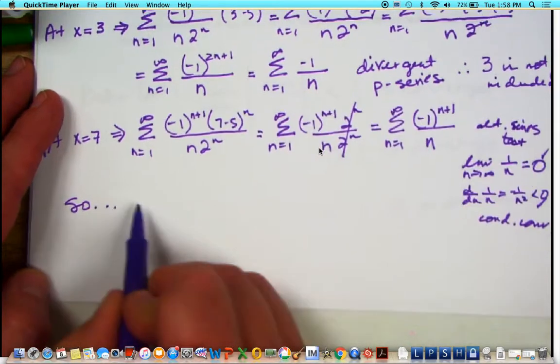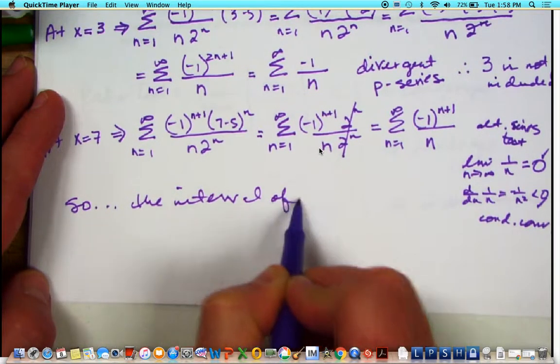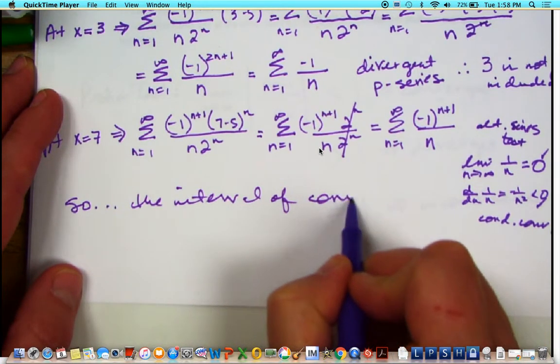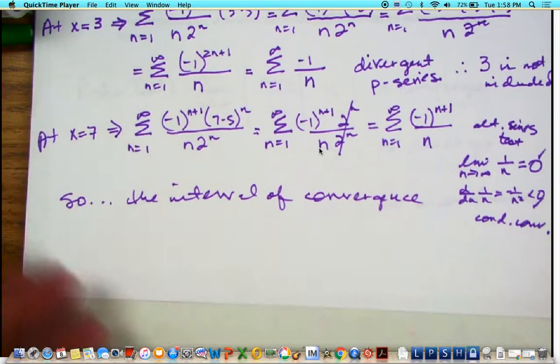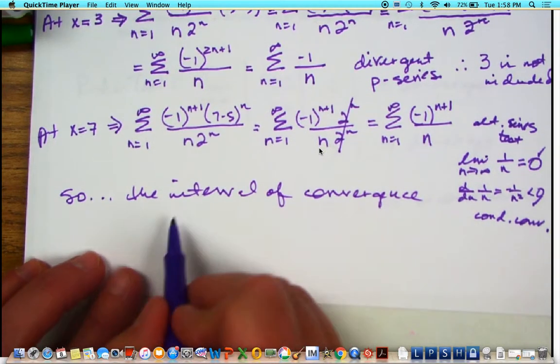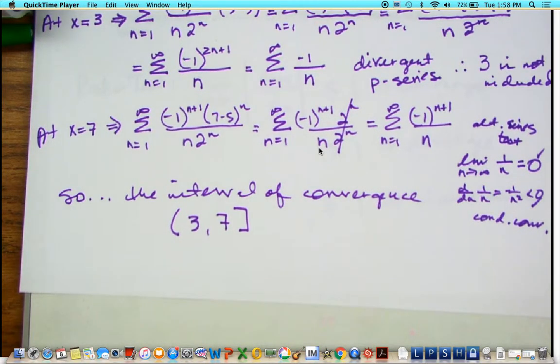So the interval of convergence is what? 3 to 7.